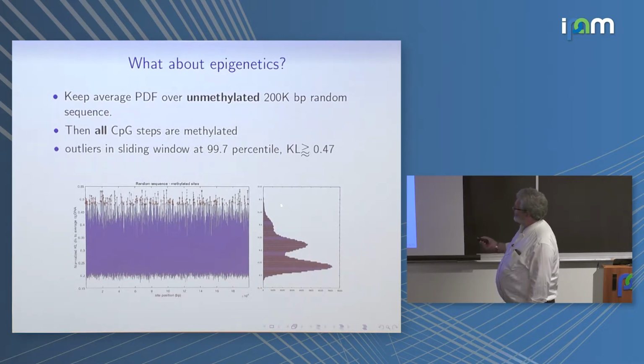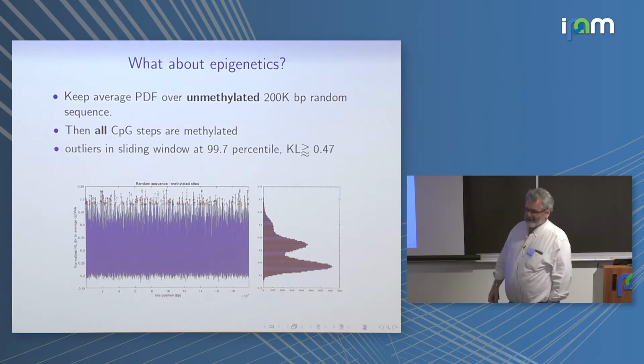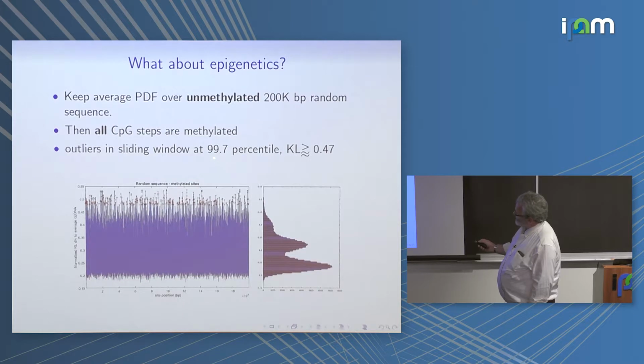So now, this is the histogram. I think we agree that's not Gaussian, right? And in particular, we don't talk about standard deviations, but now we define the outliers to be the 99.7 percentile. But now the critical value of Kullback-Leibler is 0.47, so way higher, okay? And this is qualitatively different.